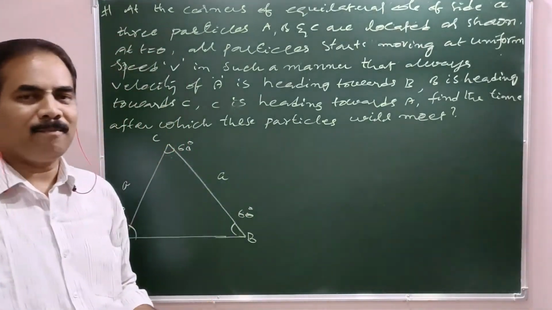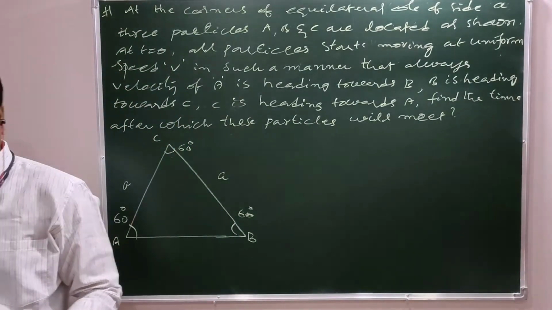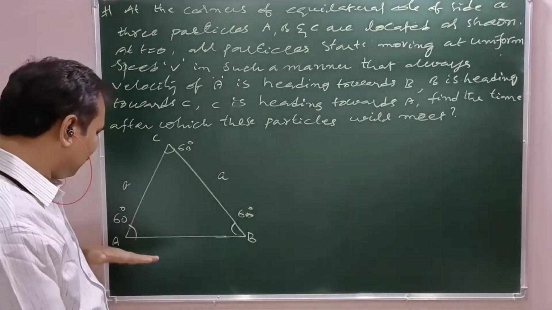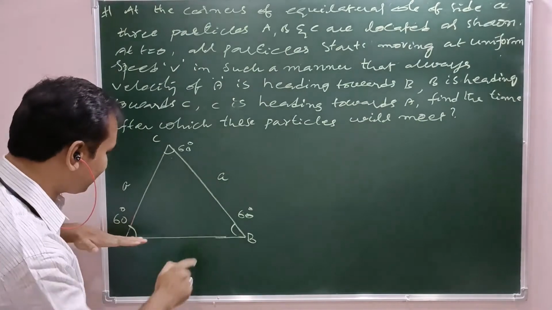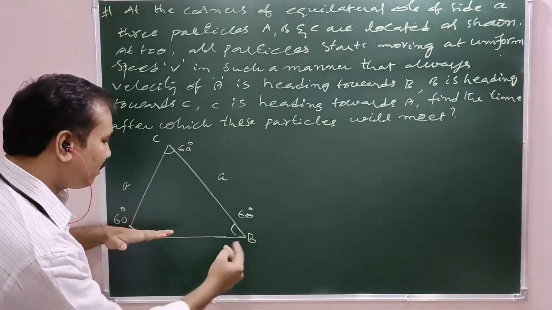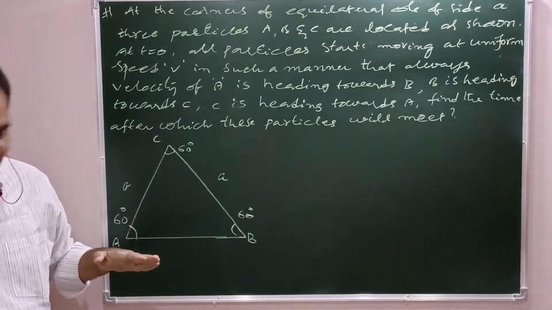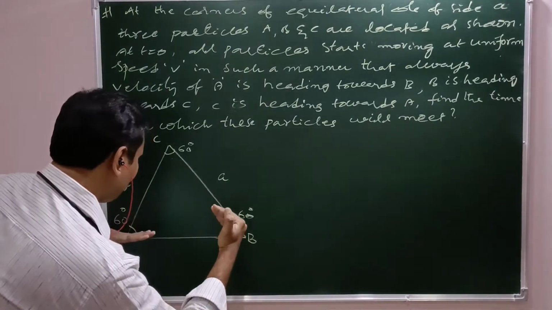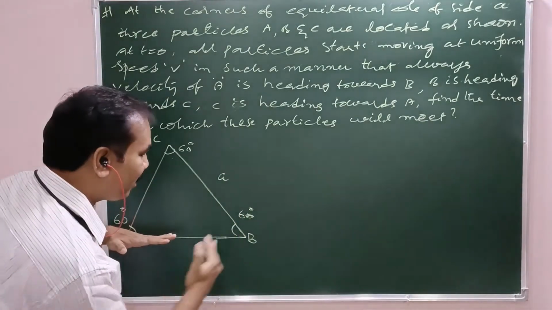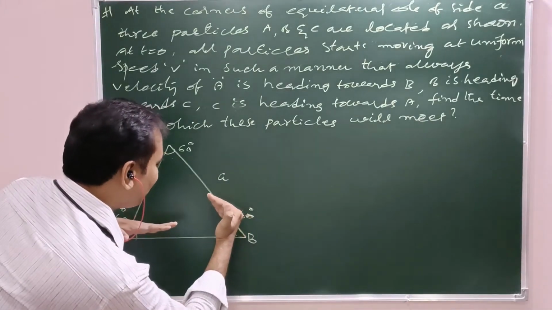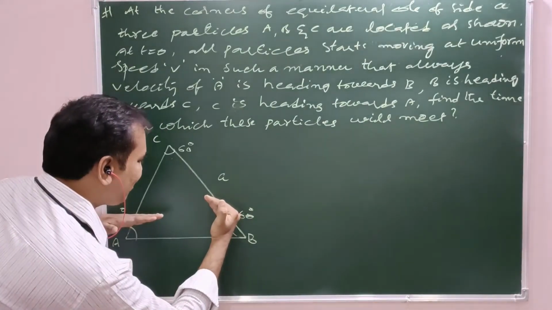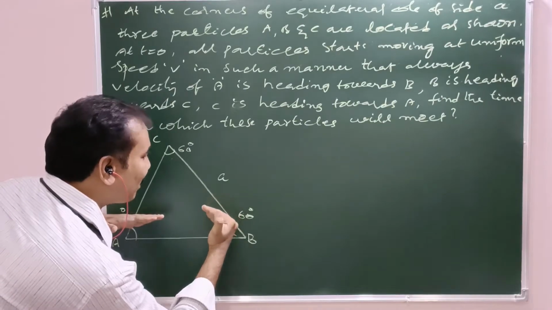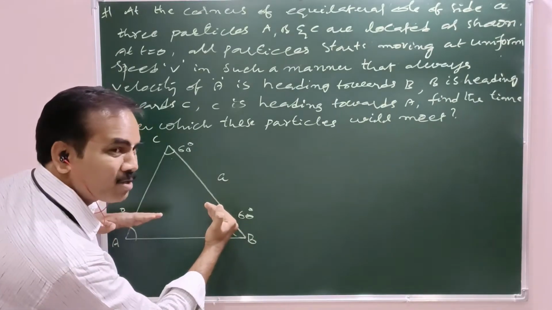These particles will meet. Now let us see. This is the initial direction of motion of A, and this is the initial direction of motion of B. But the direction of motion of A is changing by itself according to the direction of motion of B. What is the direction of motion of B here?